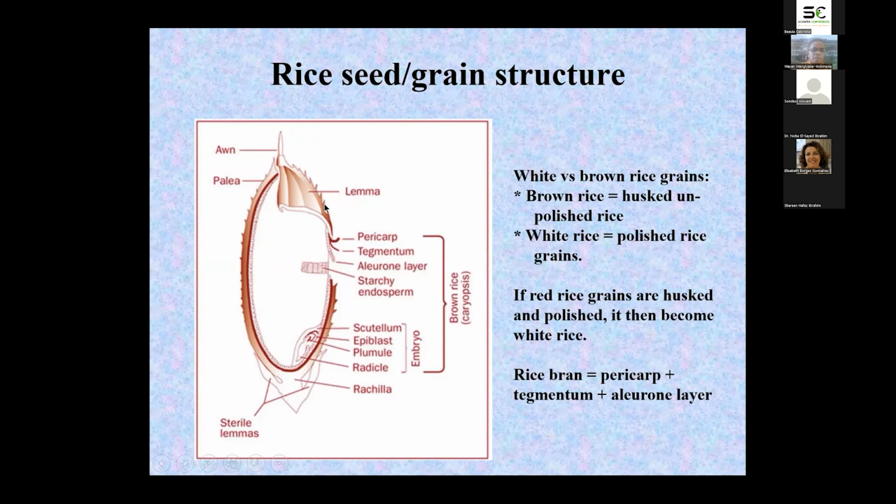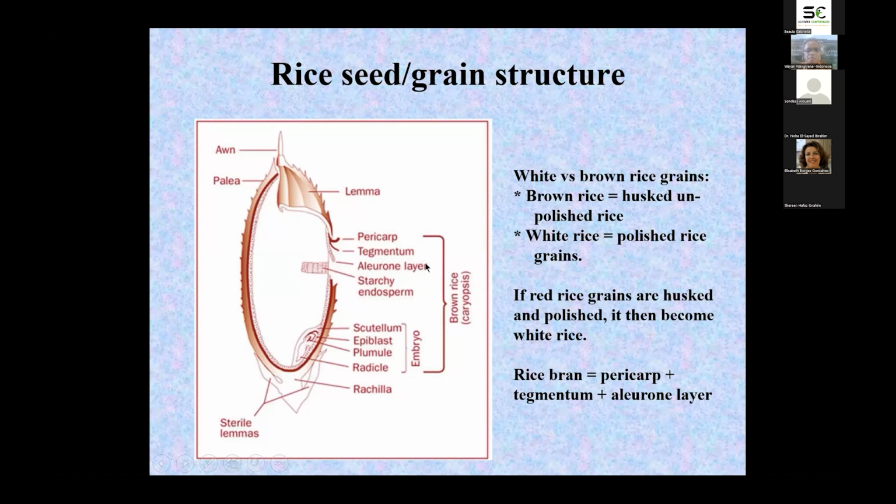Inside of this, there are 3 layers: pericarp, tegmentum, and aleurone layer, and these 3 are called bran, rice bran. The highest content of anthocyanin is here in the rice bran. In the case of red rice, the red color is in the bran.